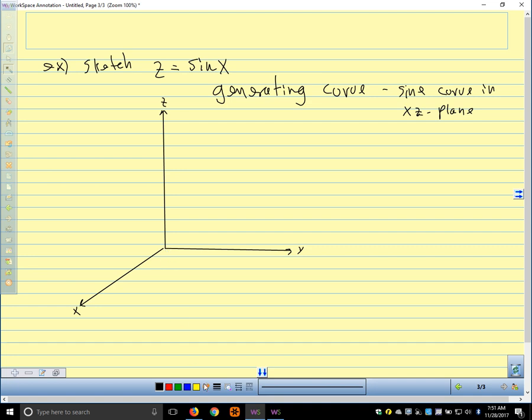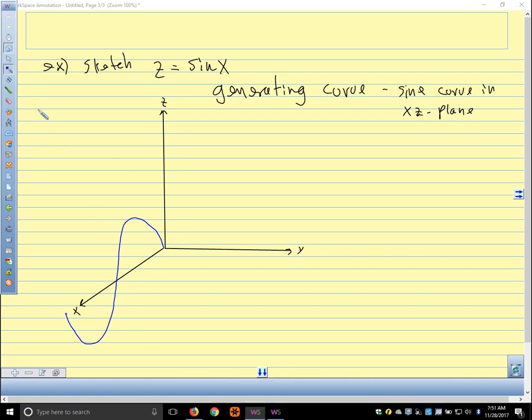So here's my generating curve. And this would be x equals pi. And here we'd come back at x equals 2 pi. And y can take any value.